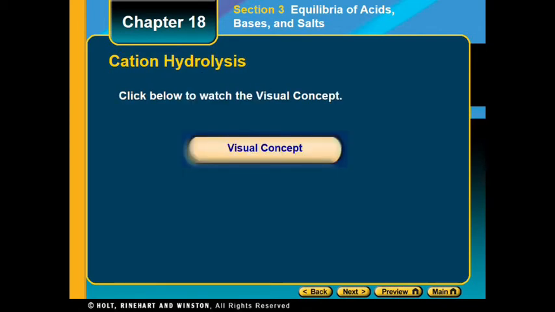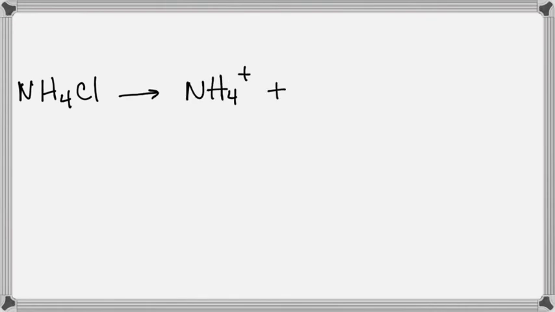Instead of watching this video right here, I'll basically go over what is in the video. So we're looking at cation hydrolysis. If I were to take ammonium chloride, so this is another salt, it would break into the ammonium ion and the chloride ion. The ammonium ion itself is going to be from ammonia, which is a weak base.